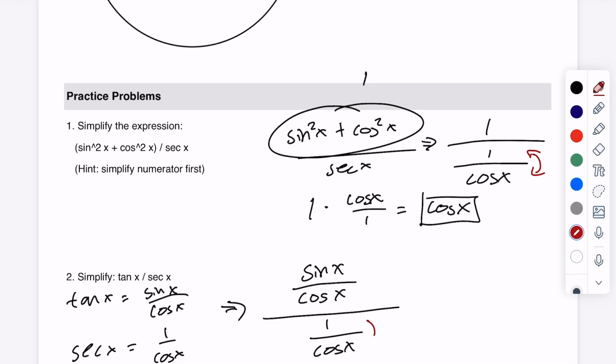And we do the same thing where we flip the bottom and multiply. And then what we'll have is these cancel, and we'll be left with sine x.